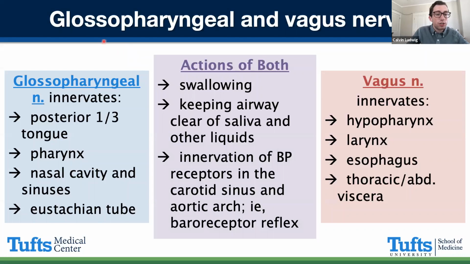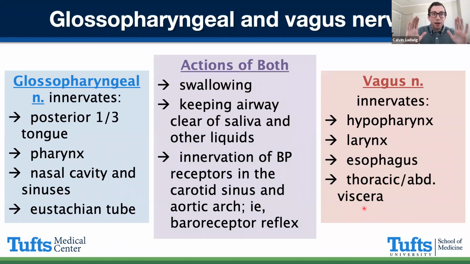The text had a discussion comparing and contrasting the glossopharyngeal and the vagus nerves, and I wanted to take a minute to touch on that. Starting with the glossopharyngeal nerve, it innervates the posterior 1/3 of the tongue, so the back 1/3, the pharynx, the nasal cavity and sinuses, the eustachian tube, and the back of your ear. The vagus nerve, here in red, innervates the hypopharynx, the larynx, the esophagus, and the thoracic and abdominal viscera.